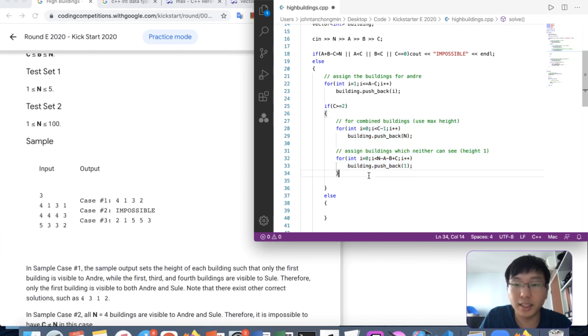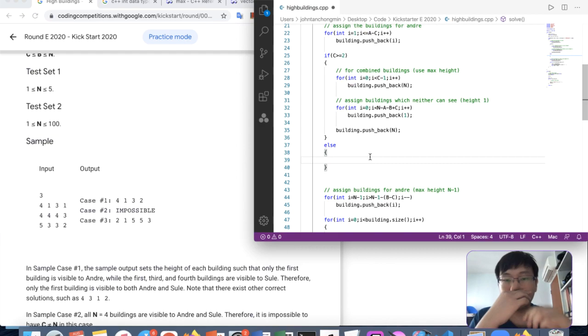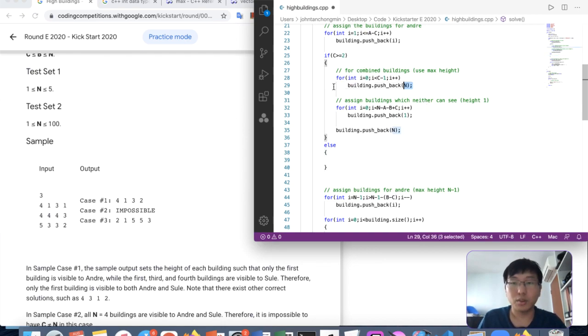Basically we can put an unseen building inside here, so building dot pushback, and this is the unseen buildings. If c is not greater than or equal to 2, there's no way that we can place an unseen building for either side. Else we have to do this whole thing.